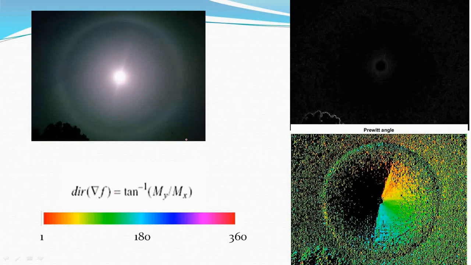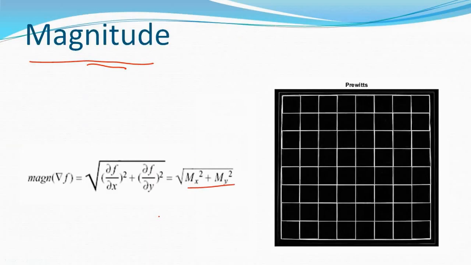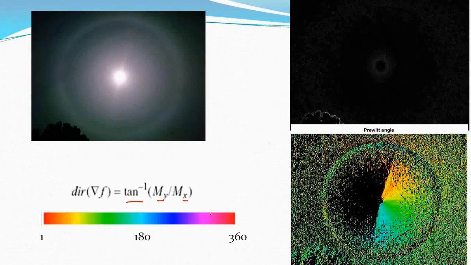Instead of taking magnitude, I have taken tan inverse of My by Mx. Initially in magnitude I used this formula, that is root of Mx square plus My square. Here by taking the angle, I have taken tan inverse of My by Mx. So basically this will give me an angle.